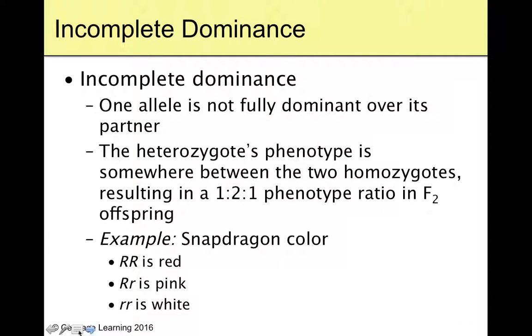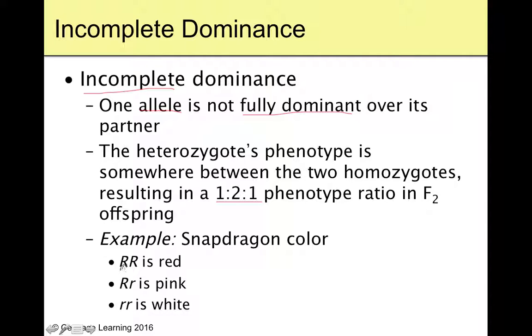The other option is incomplete dominance. In incomplete dominance, an allele is not fully dominant. And so you can think of it as looking like there's blending in these traits. The heterozygote phenotype is somewhere between the two, with a 1 to 2 to 1 phenotype ratio. And I'll show you what this looks like.